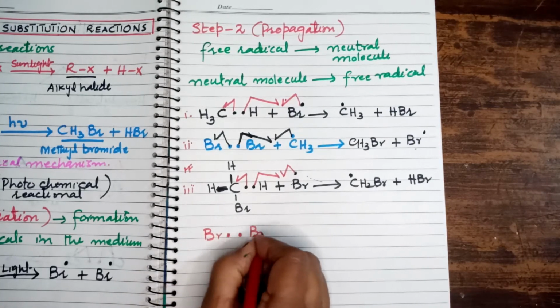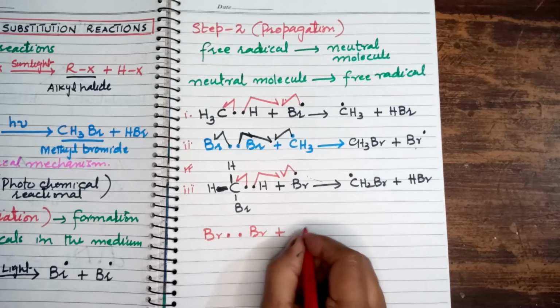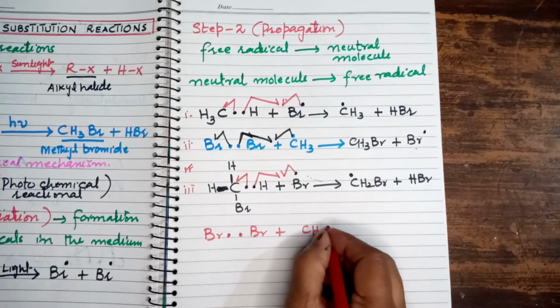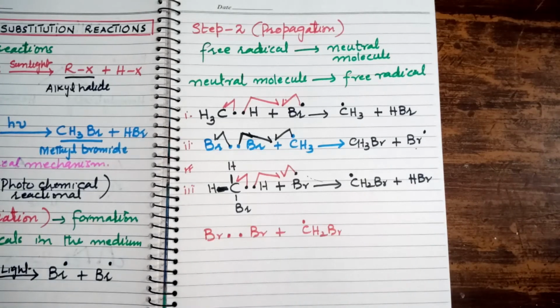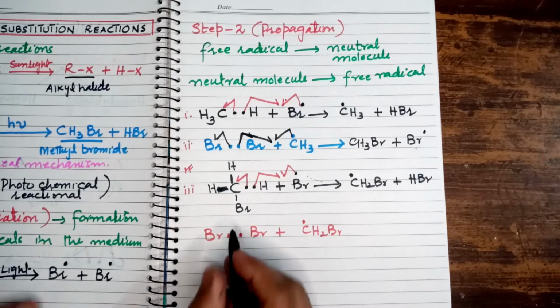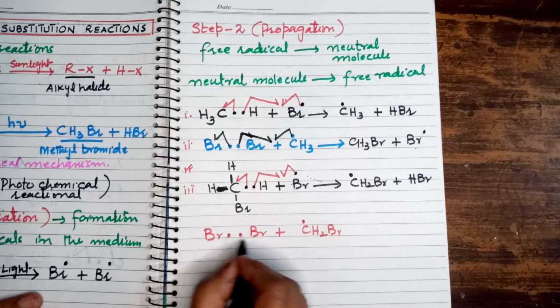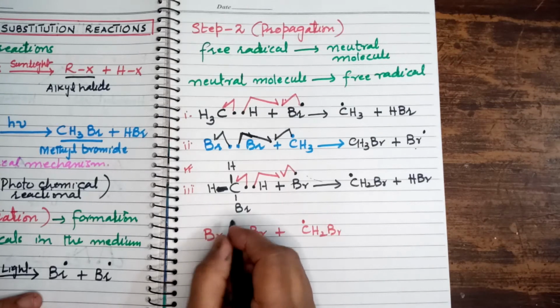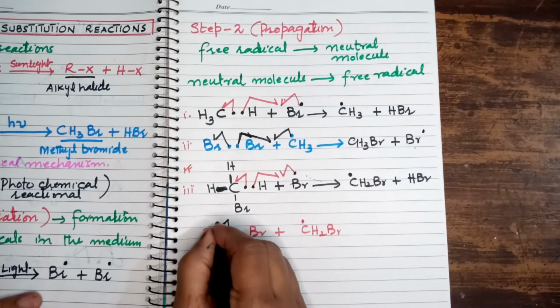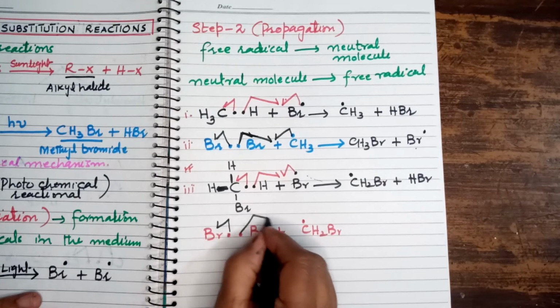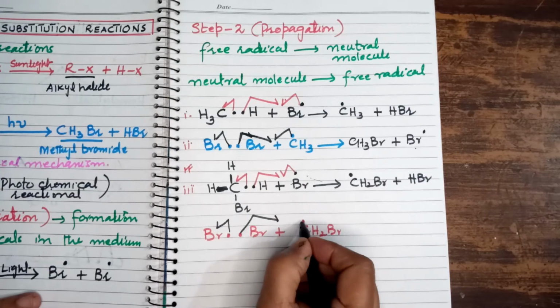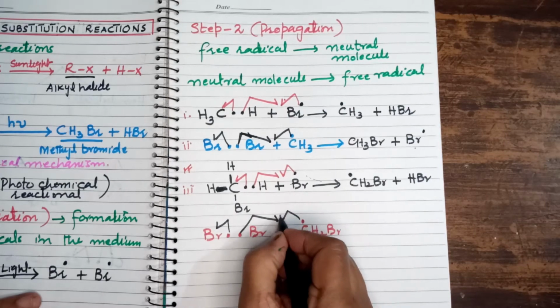This is the neutral molecule, and here we write CH2Br free radical. Again here the bond is homolytically cleaved between 2 bromine atoms in such a way that one single electron shifted on this bromine, right? This bromine contribute its electron here, it will contribute its electron here, right?